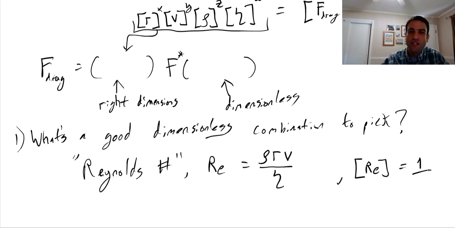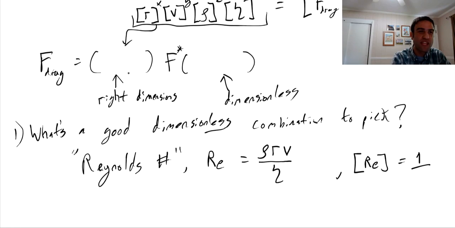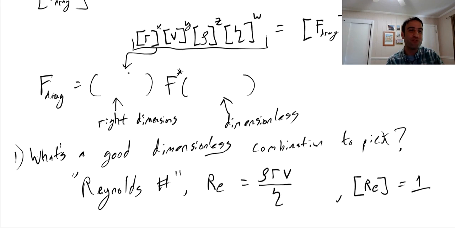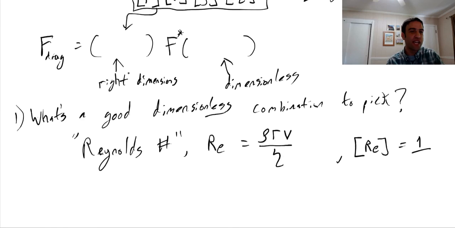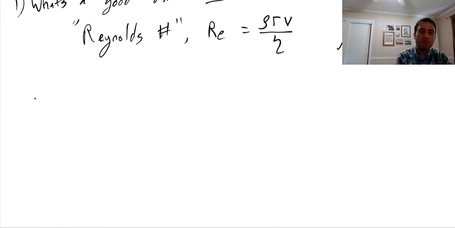Okay, so this is one way to combine these 4 items in such a way that it gives you a dimensionless quantity. And a separate way of putting things together to get the right units of force is to combine these in a different way. So again, you can kind of check that. So this is 2.